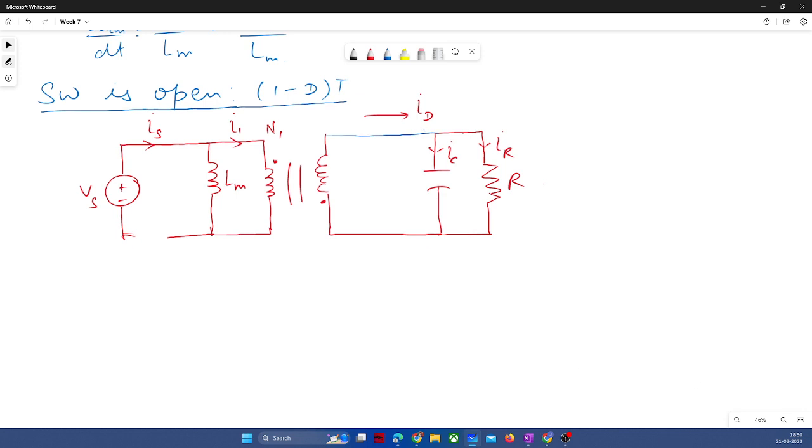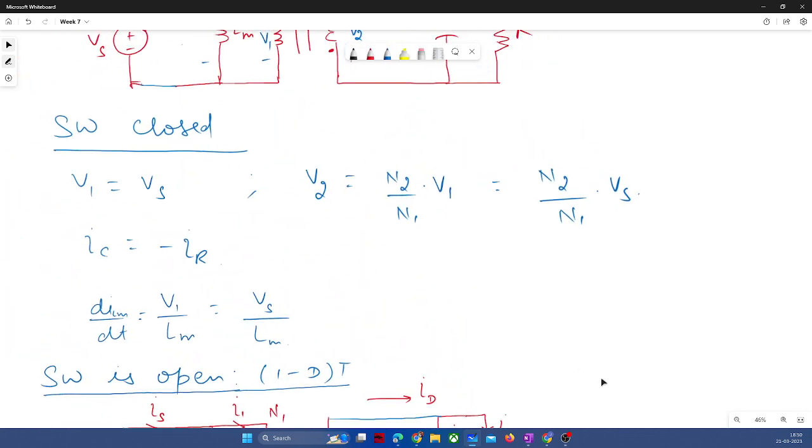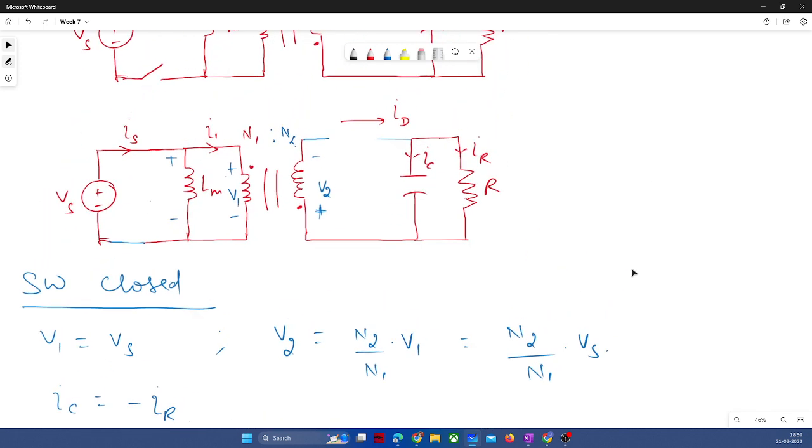Okay, so now we have analyzed the closed switch. And one thing I forgot to mention: when your diode is off, a certain voltage will appear across the diode, and the diode should have the capability to withstand that amount of voltage.